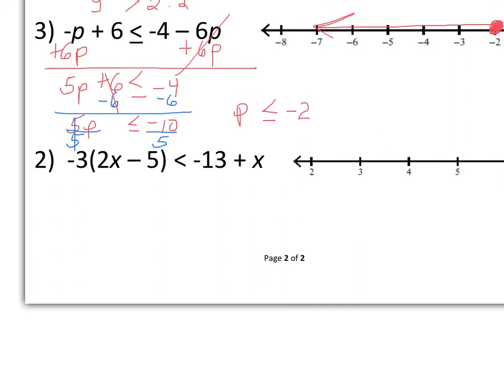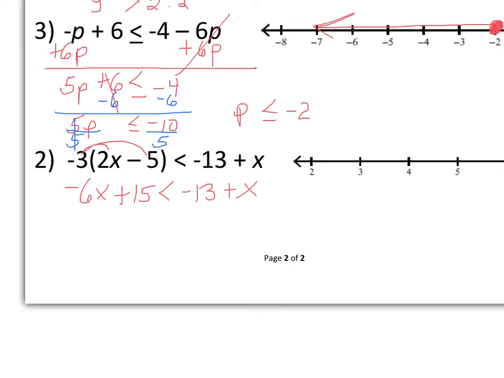Alright, in our final example, we're going to have to free up this term here, both these two terms I should say, out of these parentheses. So -3 times 2x is -6x, and a -3 times a -5 is +15. And we want to get the x terms together and the numbers together.